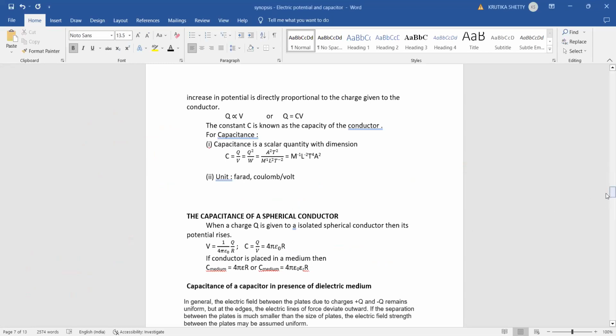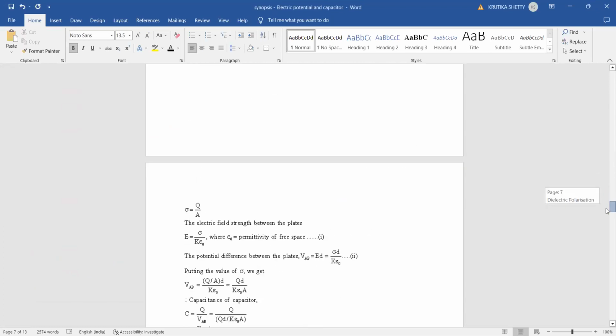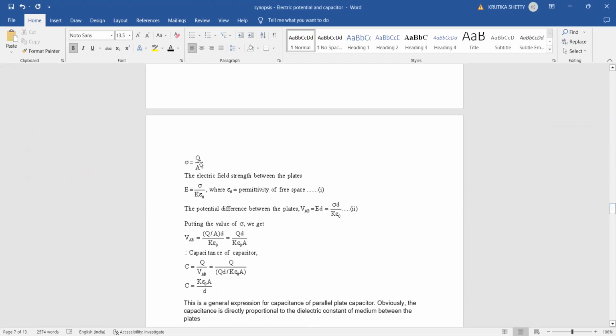That is the expression for the capacitance of a capacitor in the presence of a dielectric medium. Here we write the first step, because we know that the capacitance of a capacitor is given by Q divided by V. I'll take it as equation 1.